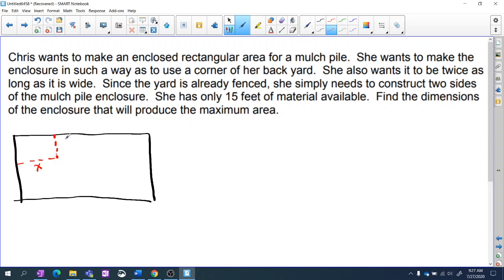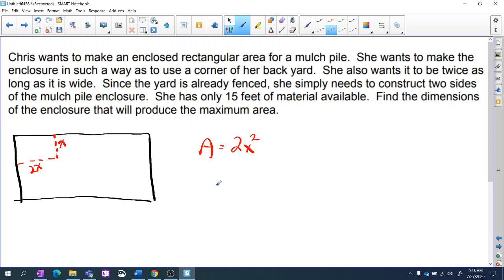So let's say this is x, this is your longer one, that has to be 2x. So the area, she only has 15 feet of material, so area is 2x squared. This one's a little different because you're just getting this basic function here.